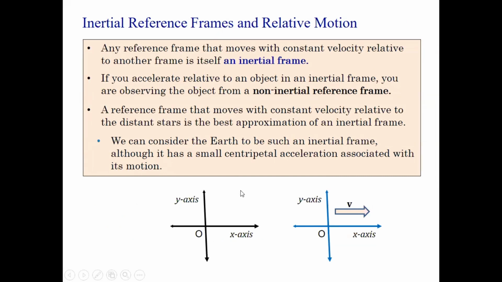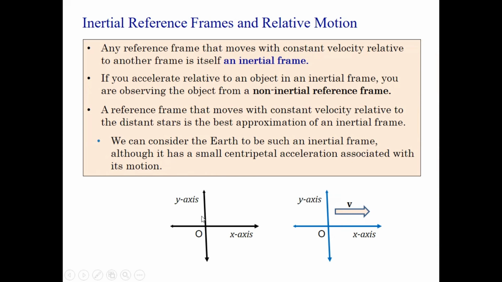Let us compare the inertial frames. Any reference frame that moves with a constant velocity relative to another inertial frame is also an inertial frame. Here we show one frame in black, which we are saying is at rest, and the other frame of reference in blue is moving with velocity v.